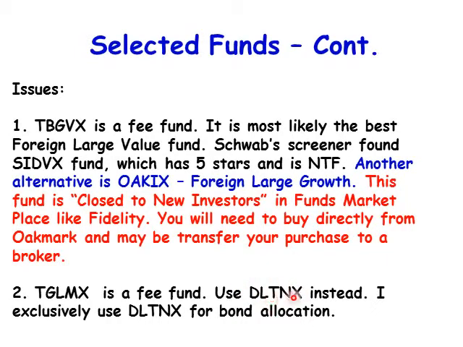The manager of DLTNX used to manage TGLMX. Okay, let's continue. So I'm using DLTNX exclusively in my personal portfolio, which has a shorter history. And TGLMX is very similar and has a longer history. Let's continue.